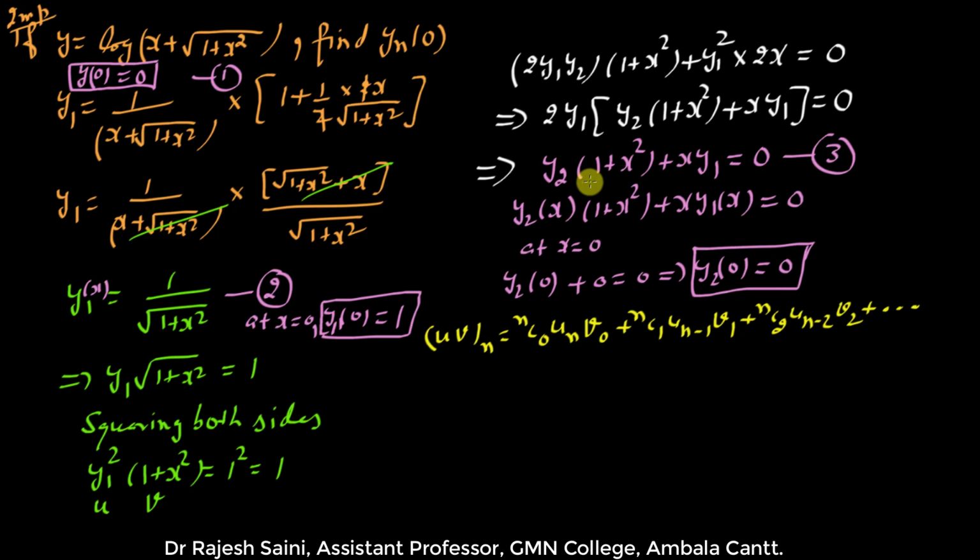So here in these two terms, Leibniz theorem will be used. One is in this term and this. So here this will be u, this will be v, and here this will be u and this will be v.